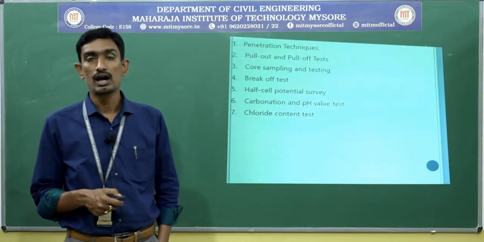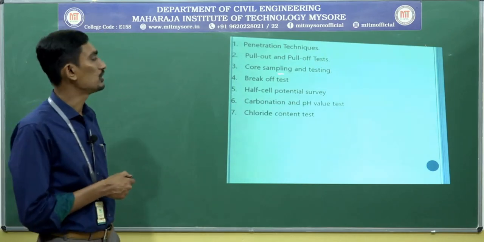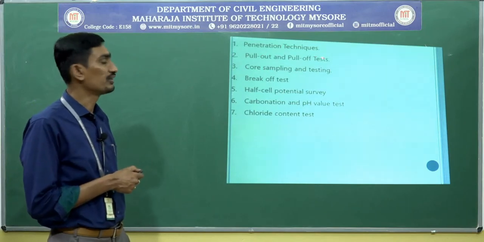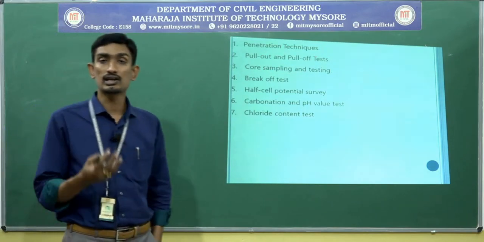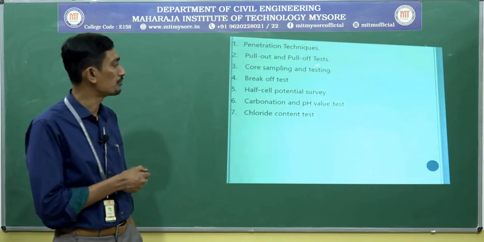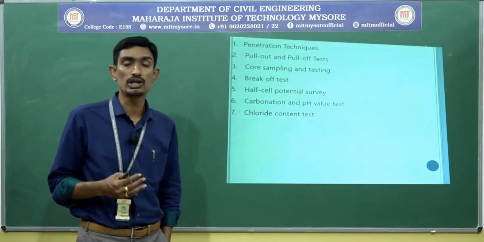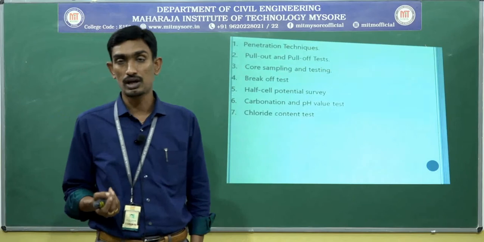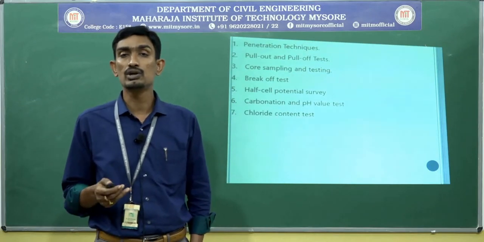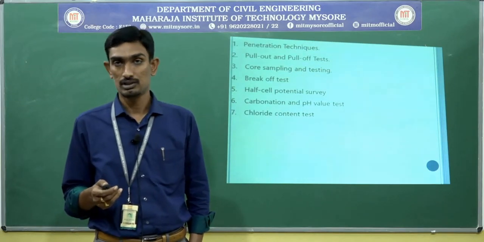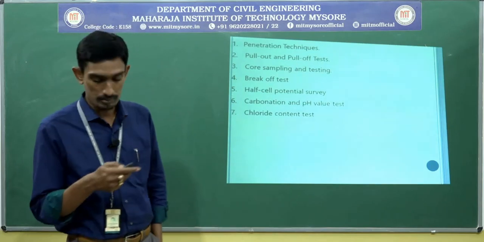The other tests, like the penetration test and pull-out and pull-off, are not widely used, but we need to know them because they are used in other countries. But in India, we mainly use core sampling and testing. Is it clear? Let us go through them one by one.